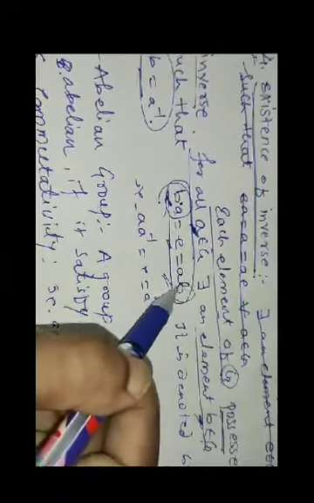So this B element we indicate by B is equal to A inverse, and therefore A into A inverse is equal to E is equal to A inverse into A. So these conditions are satisfied by the set G. And if these four conditions, which four conditions?